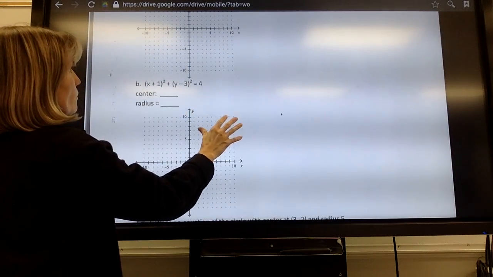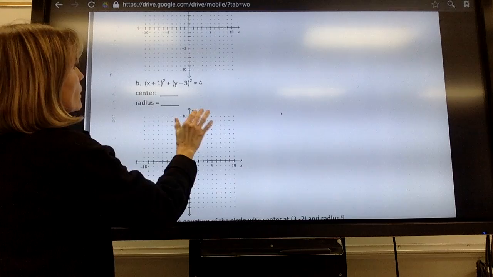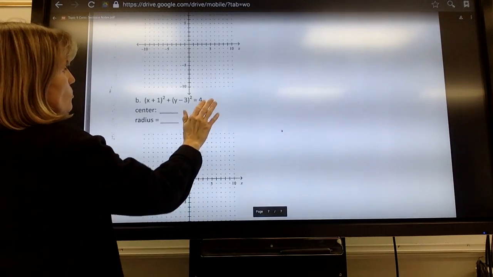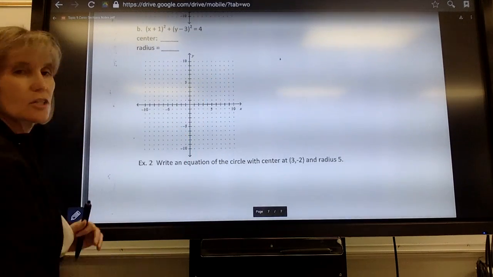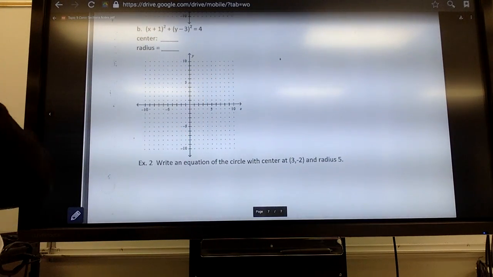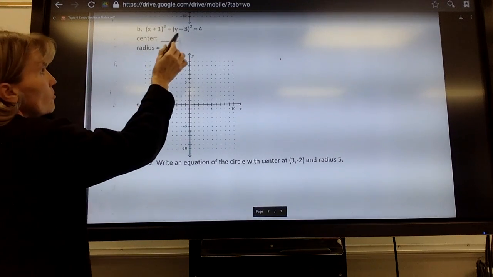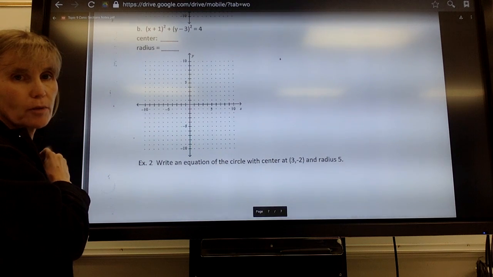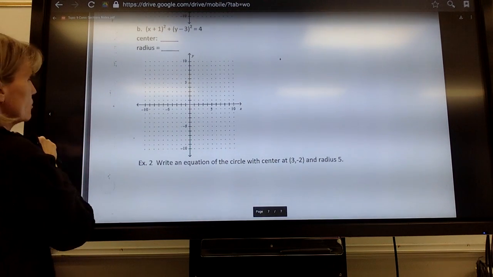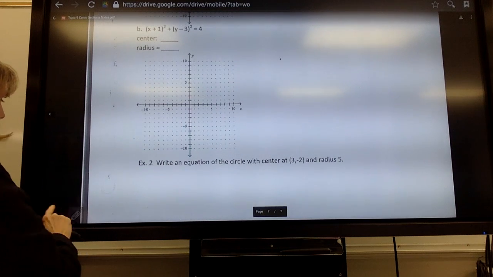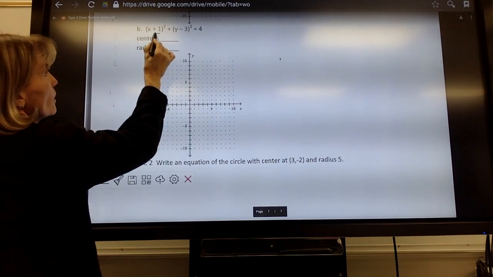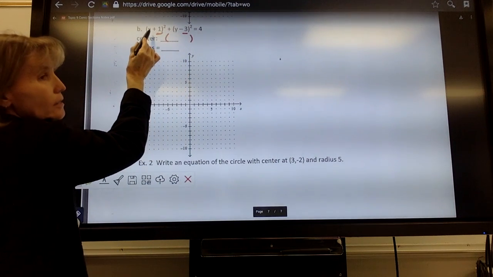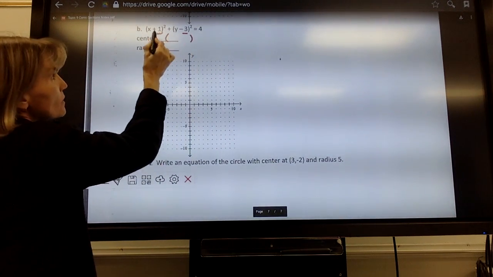Okay, here's another one. I can't make it any smaller, so I hope you can still see it. So here's another equation. We know that the center is not at 0, 0 because it's not just x squared plus y squared. We've got a center somewhere else here. So to find that center, you're looking at your h and your k values. Since this is a plus, what did we have to subtract from x to make it a plus?